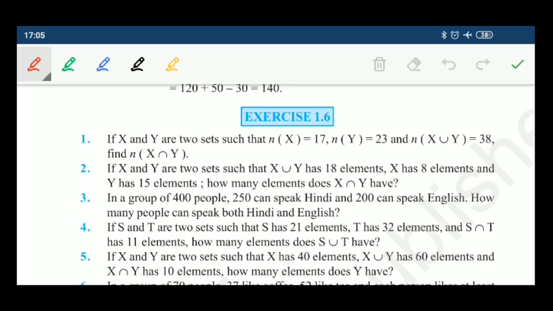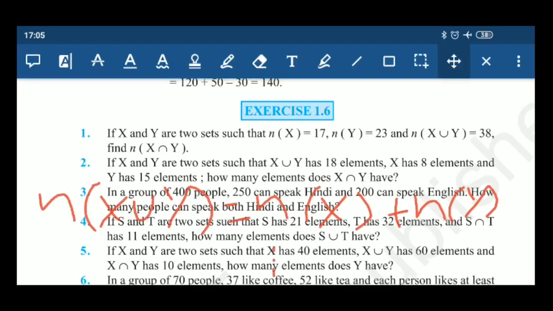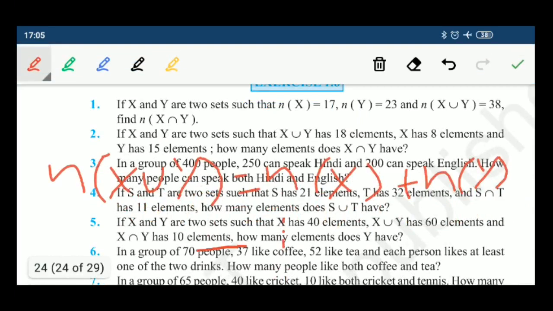So students, here we will use this formula. You can see n(x union y) is equal to n(x) plus n(y) minus n(x intersection y).